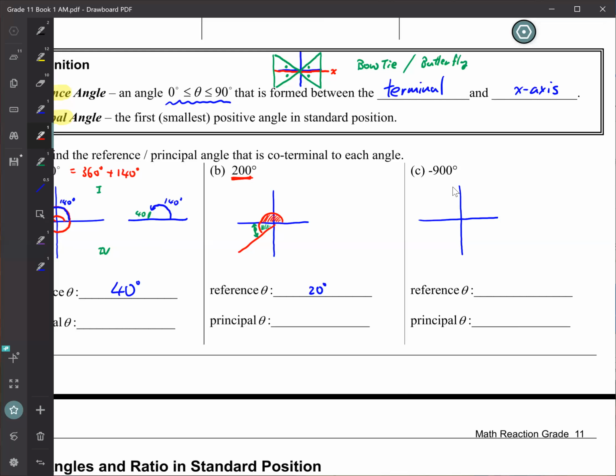Can I ask Colin, can you tell us which quadrant is negative 900? It's on the x-axis. Which side, left side or right side? The left side. Okay, let's take a look. Negative 360, negative 720, and then negative 180. Okay, so I'll be stopping there.